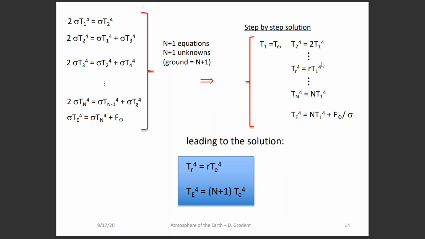So there is not an incredible rise in temperature. However, you can see that it is growing following this power law. And at the end, you get the temperature of the Earth, which is N times T1 to the power 4 plus the contribution of the sun.